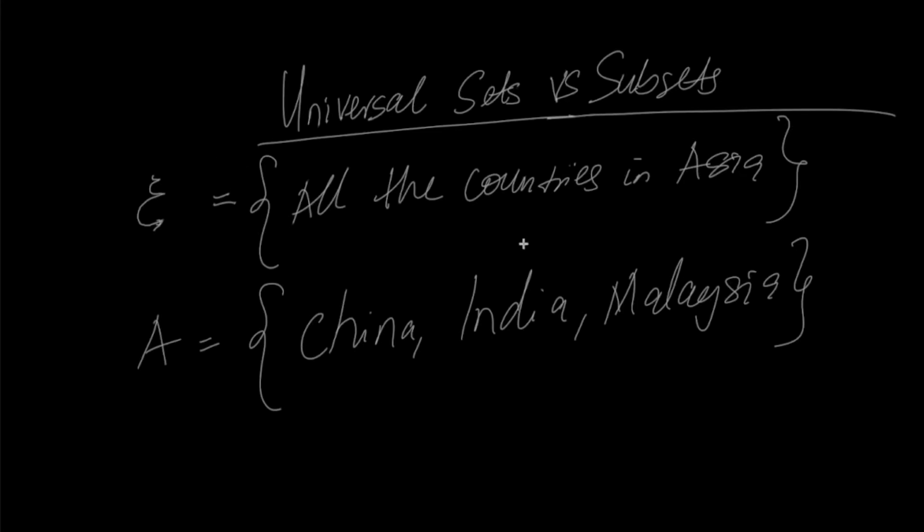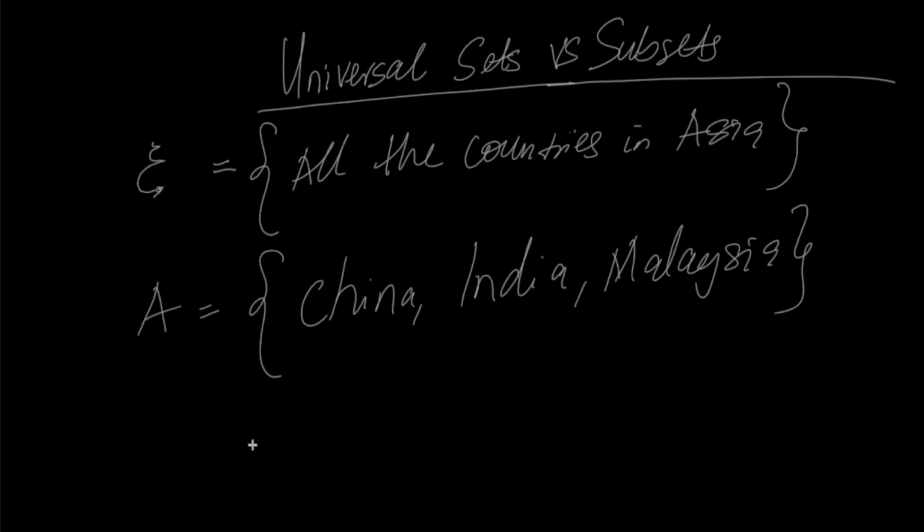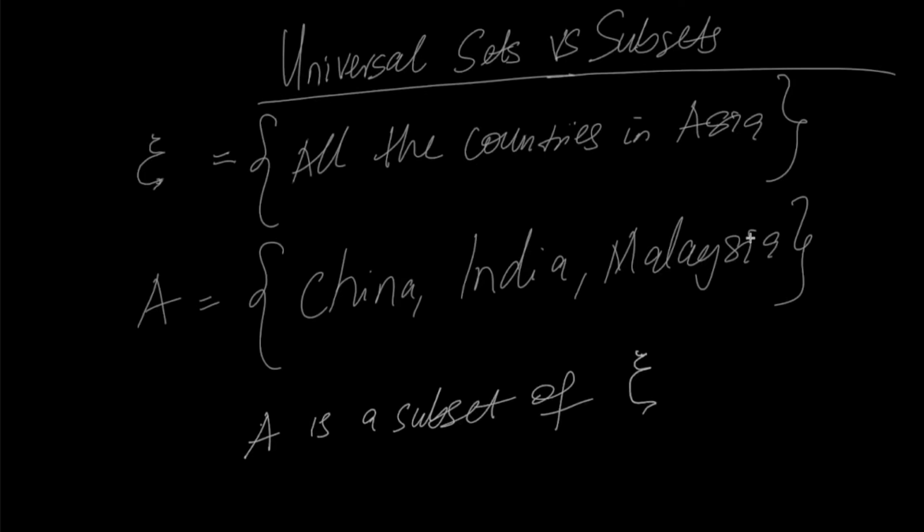We say this is the universal set. China, India, Malaysia are part of the study. They are part of the countries you are studying. Because this A is part of this, we say A is a subset of this universal set. How do you represent that? Say A is a subset of this. Okay? A is a subset of this universal set.